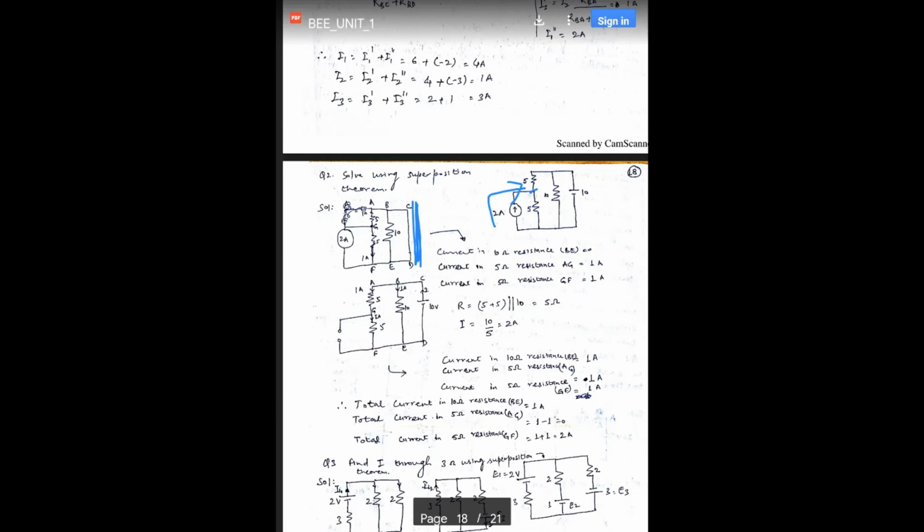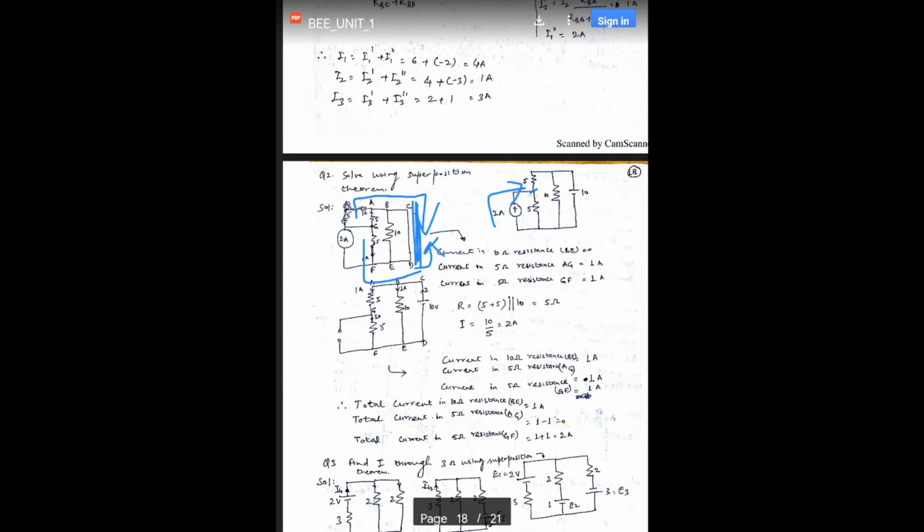So it is the principle of current flow that it follows the least resistive path. So the current which is following this path has the least resistive path here. So it will flow in this manner, and again this 1 ampere current will flow in this manner.